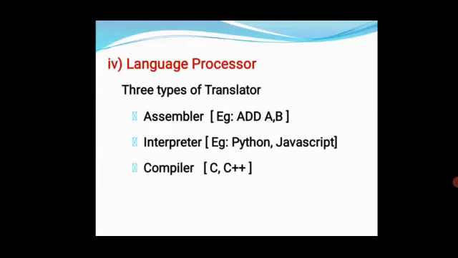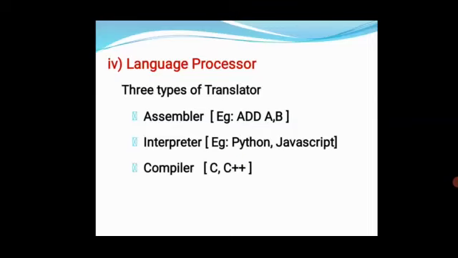By using a translator, we can convert one programming language into another, that means from high level into machine level. Here we use three types of translator. What are they? Assembler, interpreter and compiler. I will explain one by one.